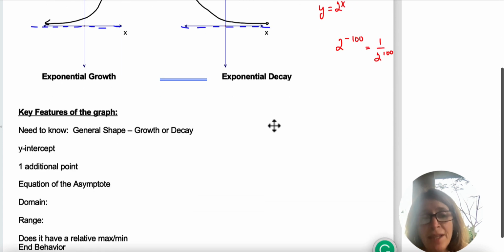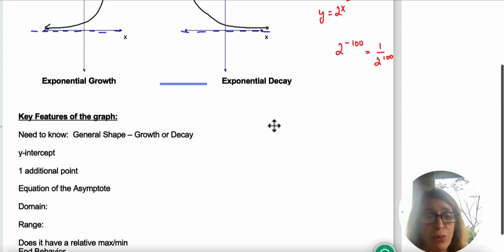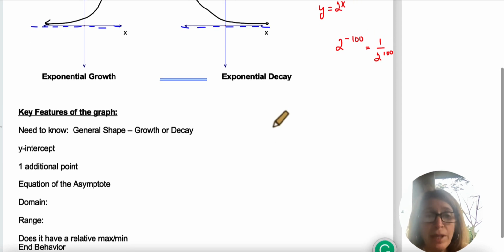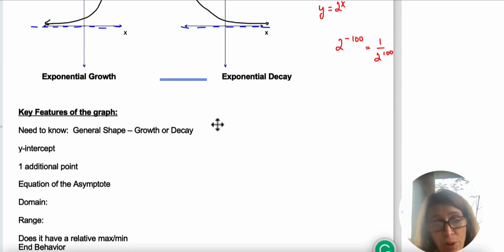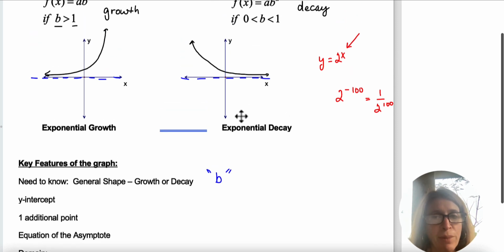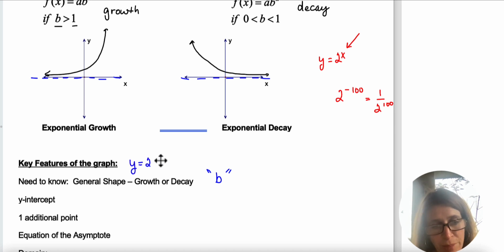There are a couple key things we're going to want to know about the graph. We need to know the general shape and how to tell if it's growth or decay, so we always look at the b value. You are also always going to want the y-intercept. I'll use y equals 2 times 3 to the x as an example.